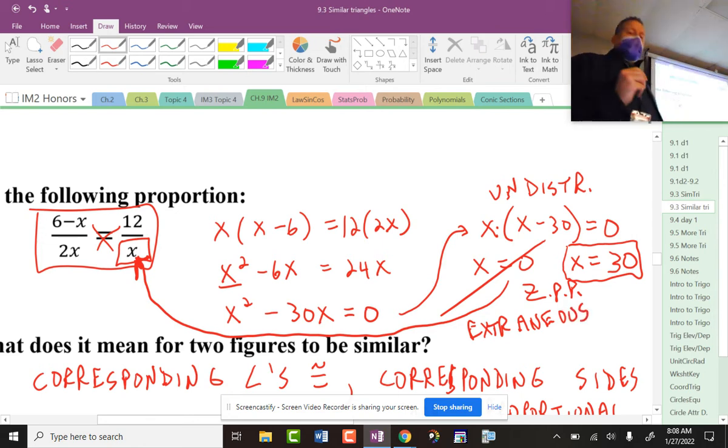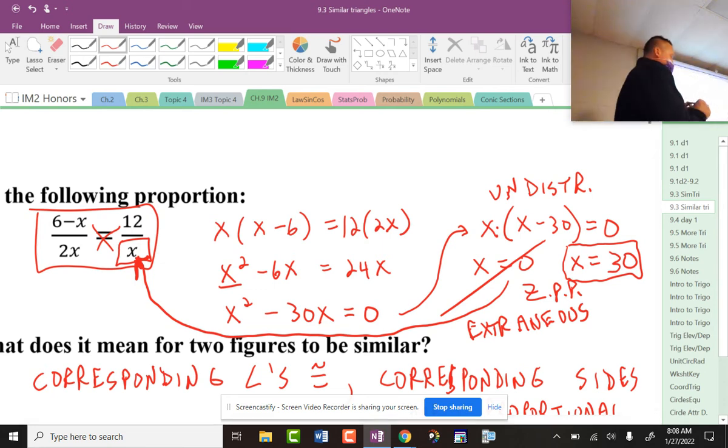We did talk about that in our solving unit. I don't know if that happened. I think it happened when we were solving maybe some absolute values. I know we had the term extraneous solution before. What it really means is it's a solution that you found legitimately, but it actually doesn't work.